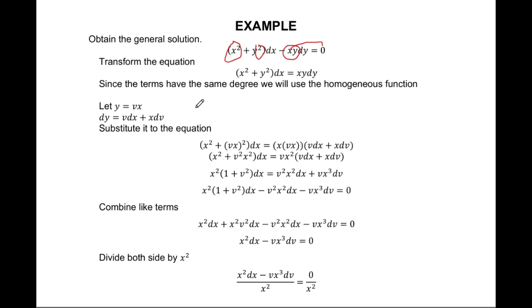So let y is equal to vx, dy is equal to v dx plus x dv. Substitute it into the equation. So let's substitute the values of y and dy into this equation.